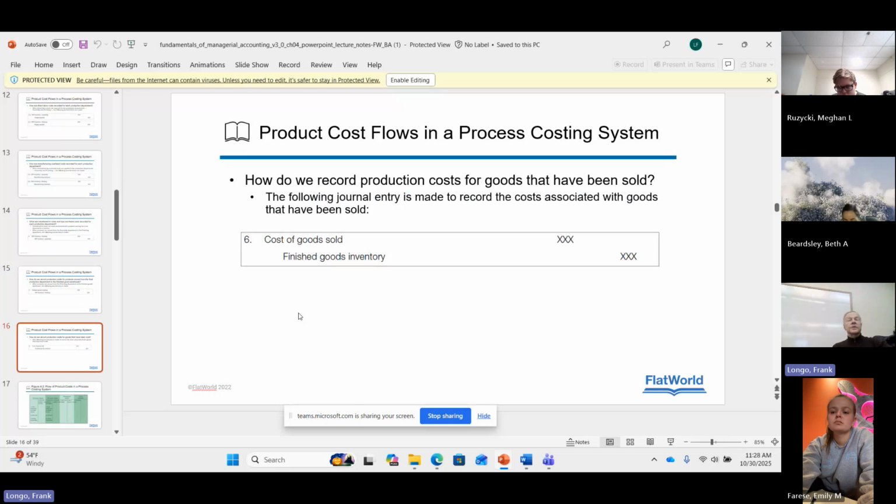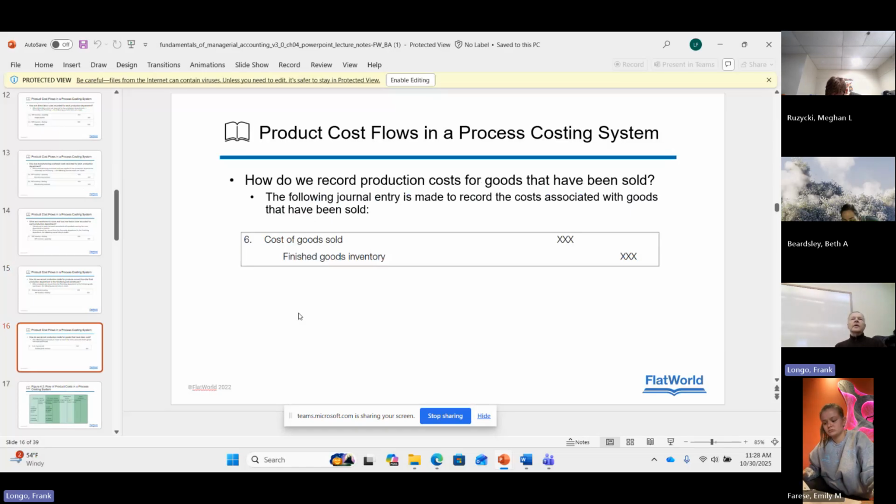It is the cost of what you sold. You used those goods to make a sale. You've used them up. And I like to emphasize, when we use up an asset, it becomes an expense. Cost of goods sold is an expense account.